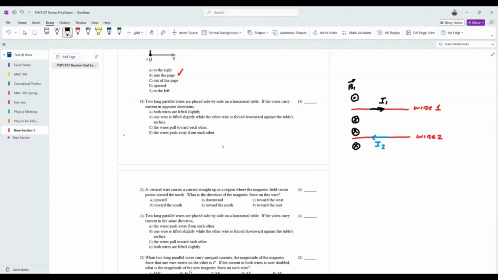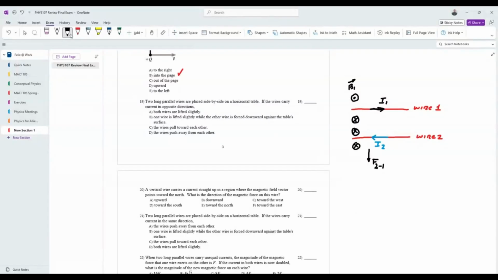So if you put your 4 fingers to the left in the direction of I2, and you turn your fingers toward the plane of the computer screen, the plane of the paper, you will see how your thumb points down. So the force acting on wire 2 would be a force pointing downward. This would be the force on wire 2 due to 1.